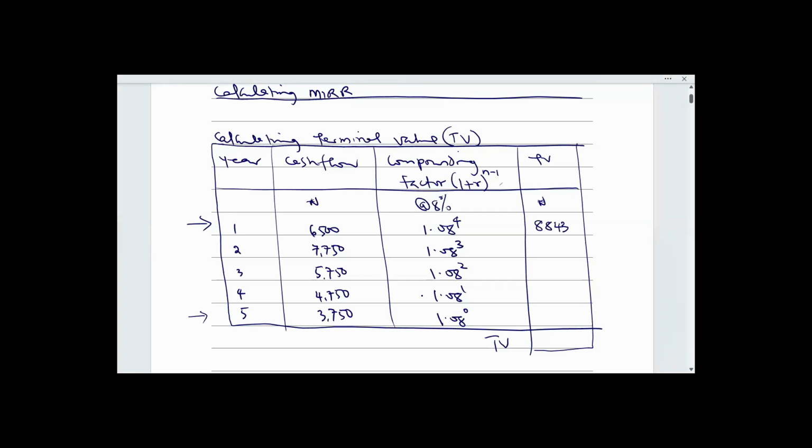Move to the next one. 1.08 raised to power 3 equal, multiply by 7,750 equal 9,763. Here is 9,763. Move to the next one. 1.08 raised to power 2 equal, multiply by 5,750 equal 6,707.